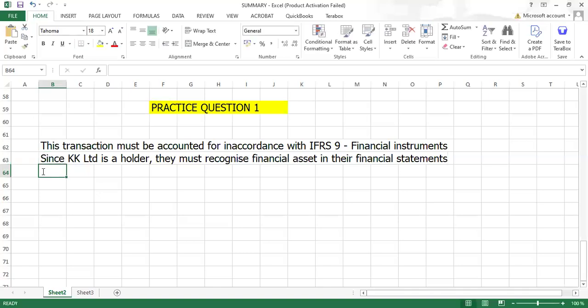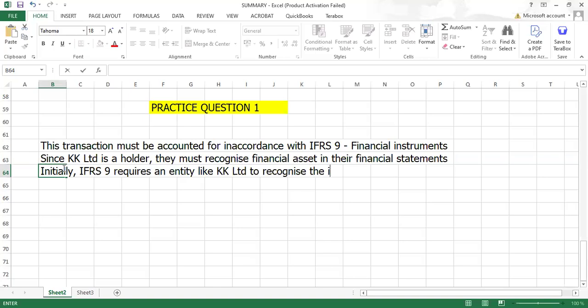Initially, this standard requires, IFRS 9 requires an entity like KK Limited to recognize the investment in debentures, that is the financial asset.